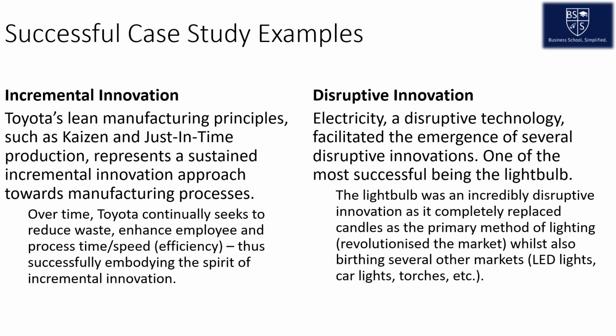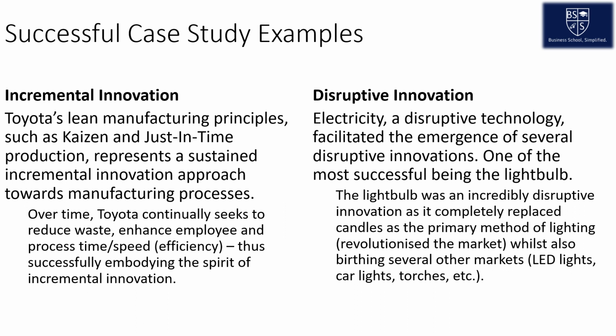Now let's look at some successful examples of incremental and disruptive innovation. Firstly, with regards to incremental, Toyota's lean manufacturing processes, such as Kaizen and just-in-time, represent a perfect example of a sustained approach to incremental innovations, whereby over time, Toyota continually reduces waste and enhances efficiency through small improvements made each and every day.